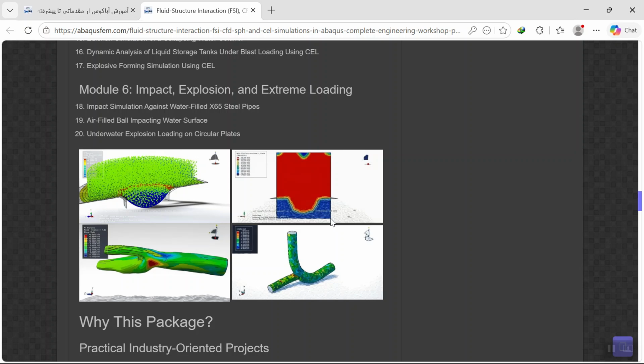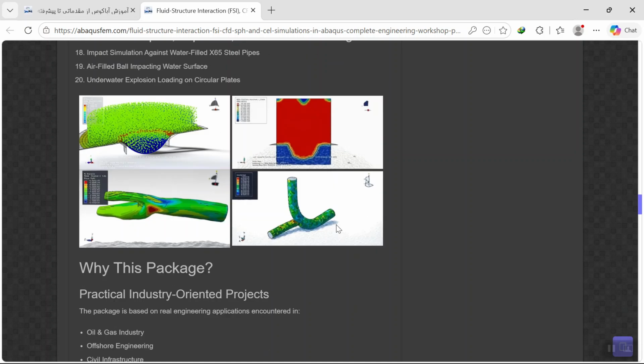And also for highly nonlinear fluid structure interaction, we have here the coupled Eulerian Lagrangian method. These projects and workshops provide valuable insight into advanced numerical method used for solving large deformation and free surface flow problems.